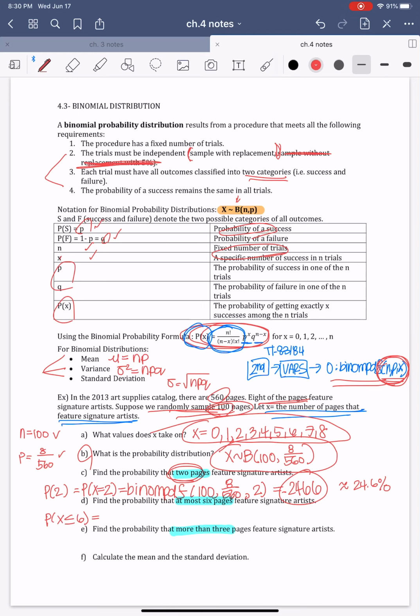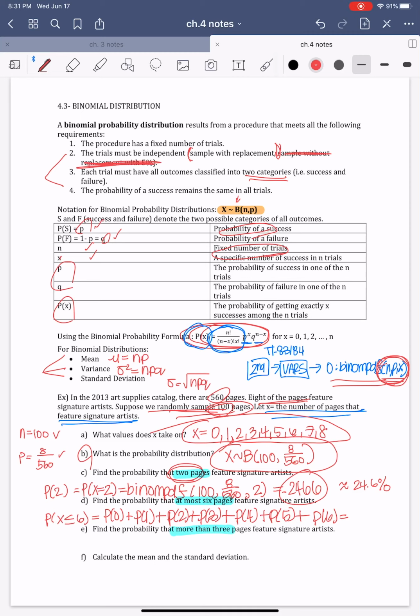So what does that mean? Having 0 is okay. Having 1 page is okay. Having 2 pages okay, 3 pages okay, 4 pages okay, 5 pages okay. Also having 6 is okay, all the way up to 6. Now, there's all the way up to 8.